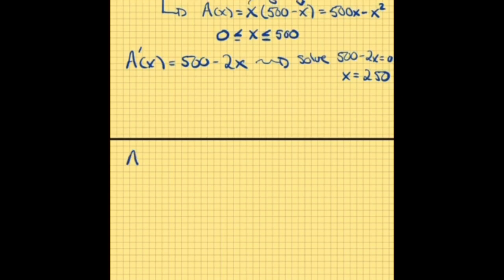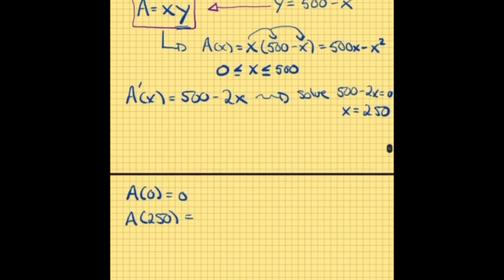When you plug these values back into the original function, at the endpoint 0, we get 0. When we plug in 250, let's A again. That's 500 times 250 minus 250 squared.